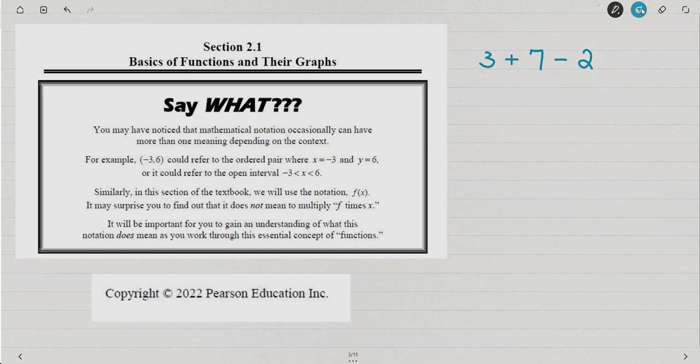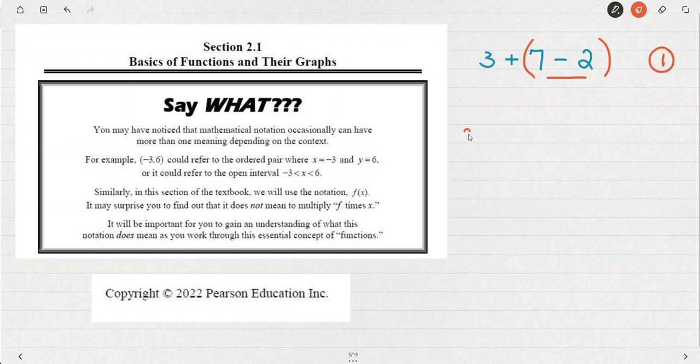But if I insert parentheses here, it's going to mean, okay, by the order of operations, I'm going to do the 7 minus 2 first before I do the adding. That's one use of parentheses.